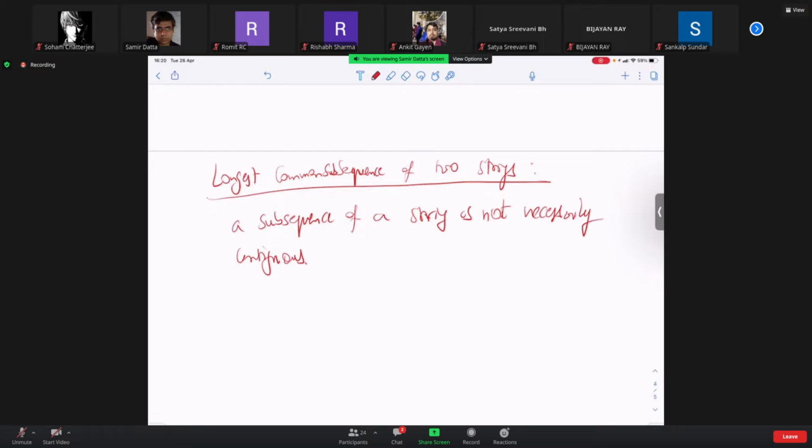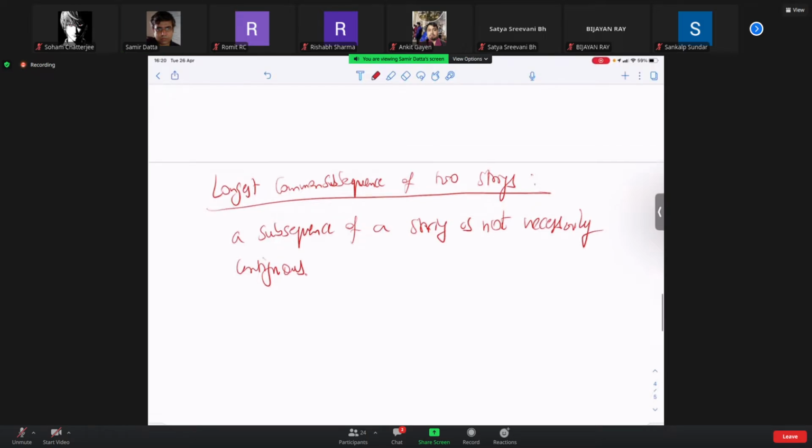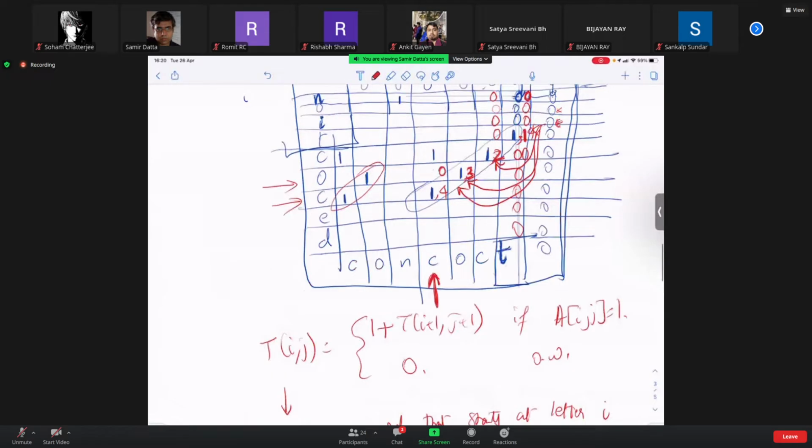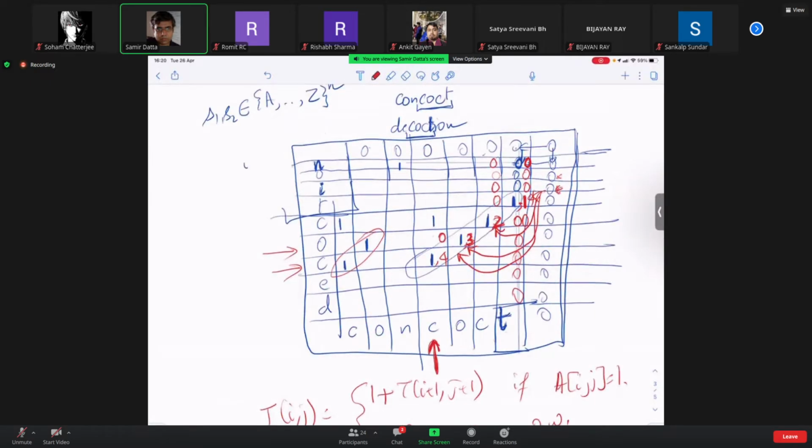Sir, one question. What is the time complexity of the previous algorithm? The time complexity of the previous algorithm, you tell me. So how many entries are there in the table? MN, correct? And what is the complexity of filling one entry of the table?